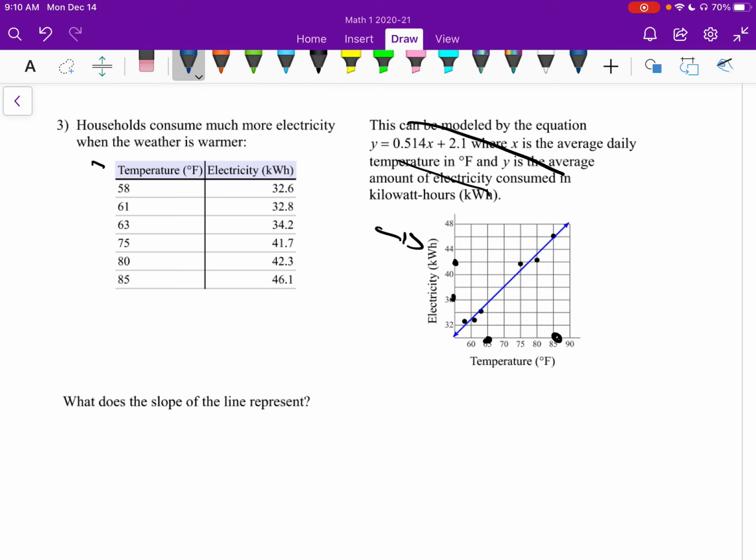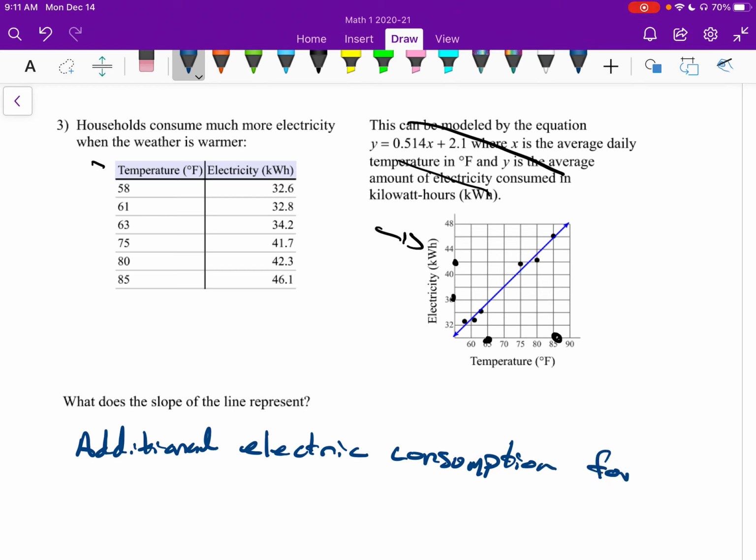So what does the slope represent? The slope represents the additional electric consumption for every additional temperature.